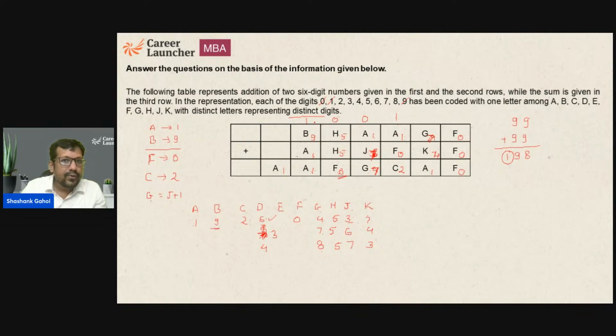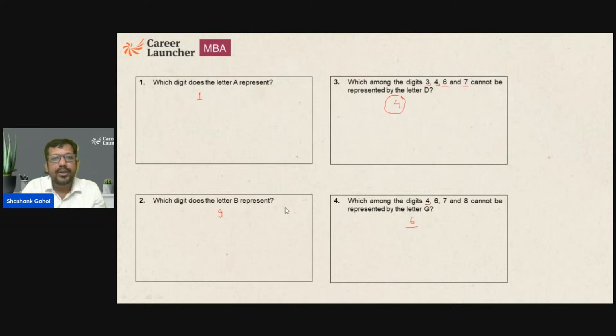This is 0, so 1 is carried over. So 1 plus 9 plus 1 becomes 1. Got it? And that 1 gets carried over and this becomes 1. So D can take a value of 3, 4, and 6. So it cannot take a value of what? It cannot take a value of 7.